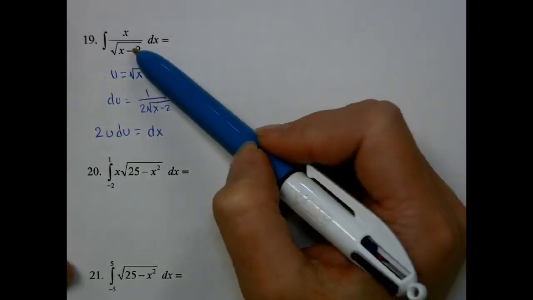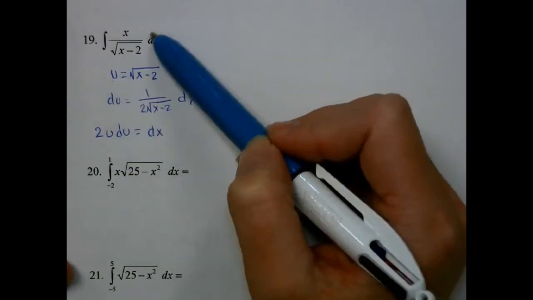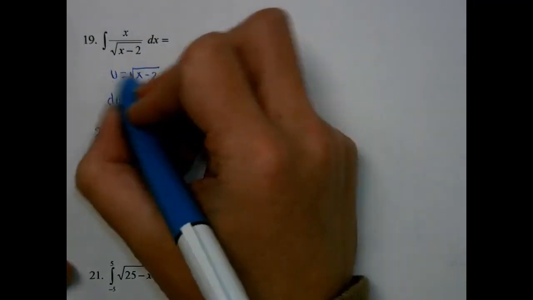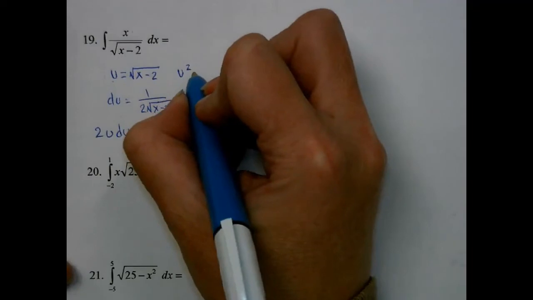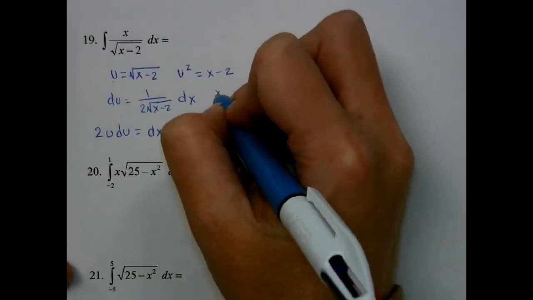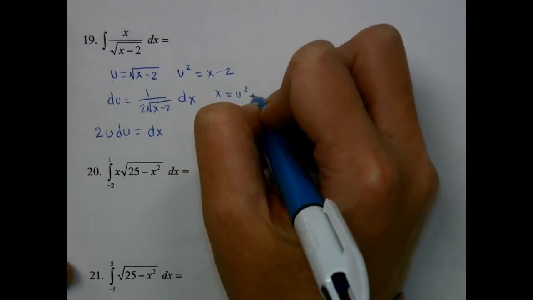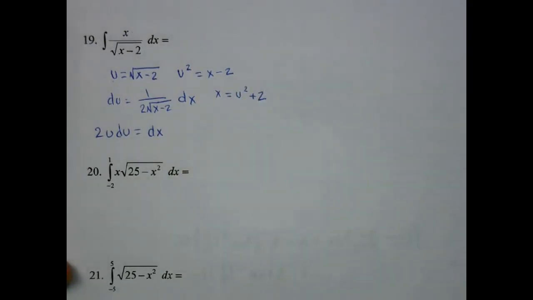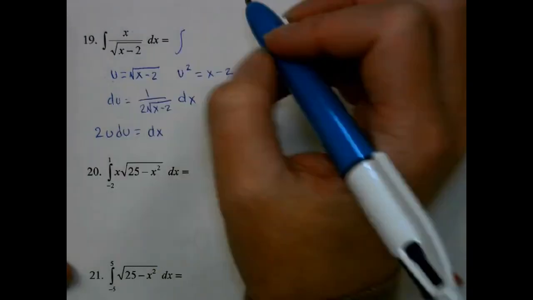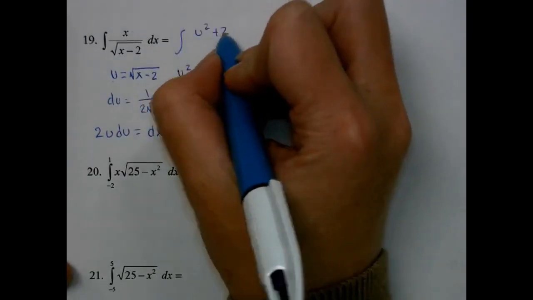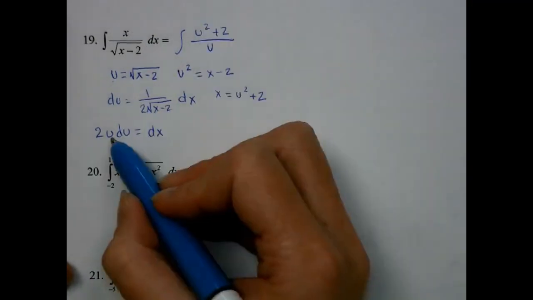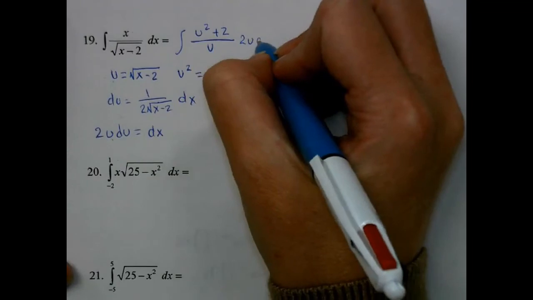So looking back at my problem, what I've dealt with can be u. This is going to be 2u du, but I still have an x remaining. So I need to get that in terms of u. So x is going to equal u squared plus 2. And we're going to make these replacements and hope this helps us out. So in the numerator we have u squared plus 2. This is now u times 2u du.